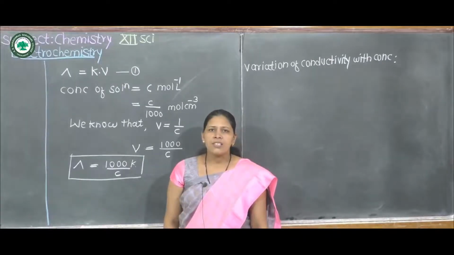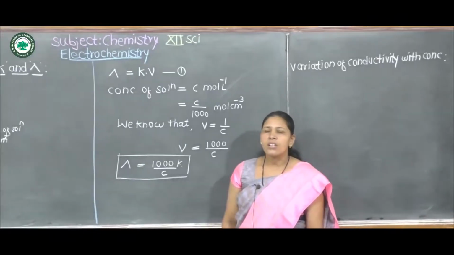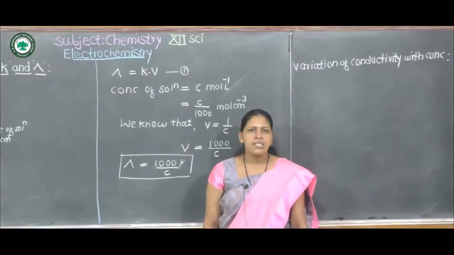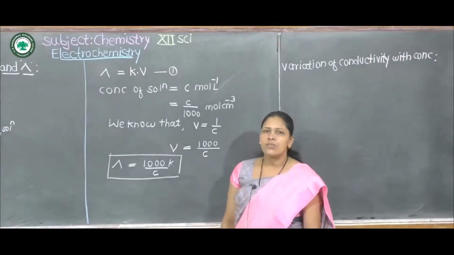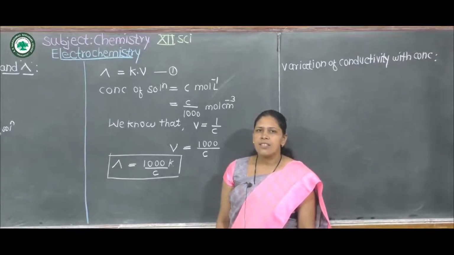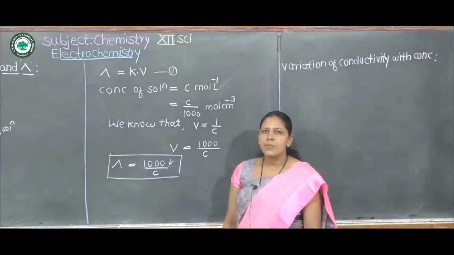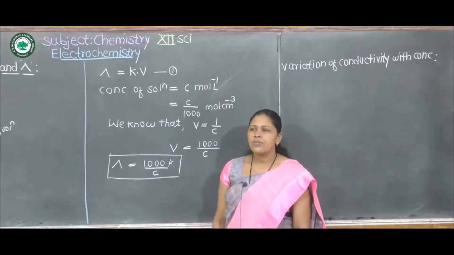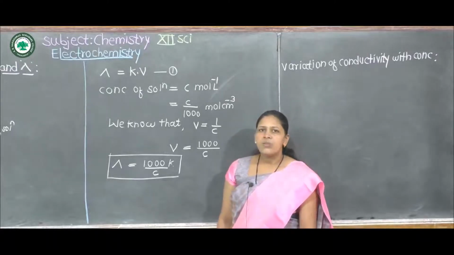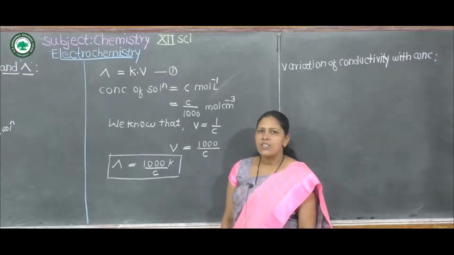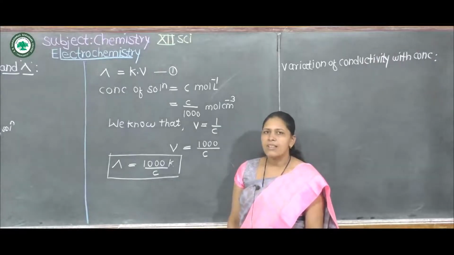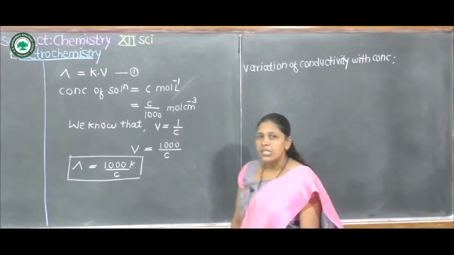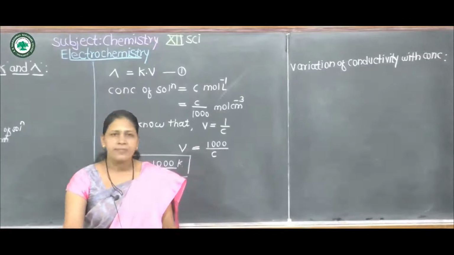The number of ions increases on dilution because the degree of dissociation increases, but on further dilution the number of ions may not increase in proportion to the dilution. Therefore, on dilution, conductivity decreases, because on further dilution the number of ions does not increase. This is the variation of conductivity with concentration.